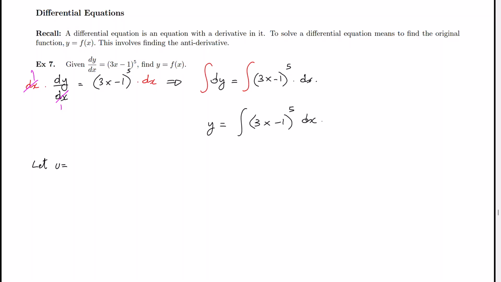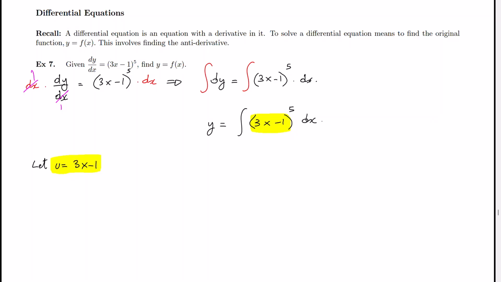And so I'm going to look at my expression and decide what kind of u sub to make. In my problem, it seems like I have a base raised to the exponent 5. So a good idea would be to let the base be equal to u. So that's my choice for the u. It's 3x minus 1.